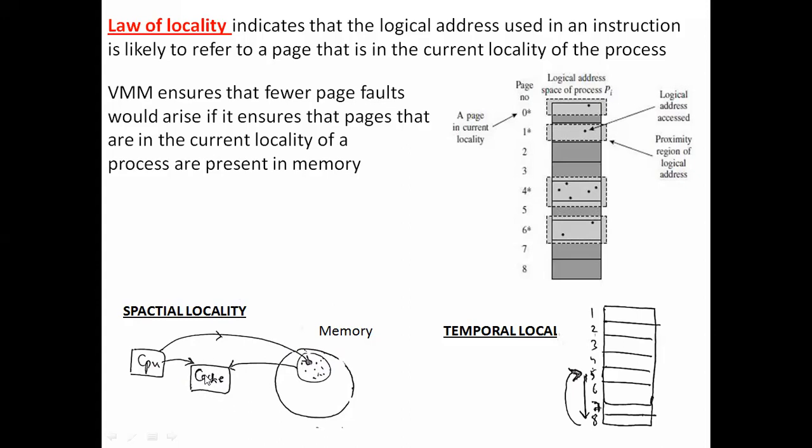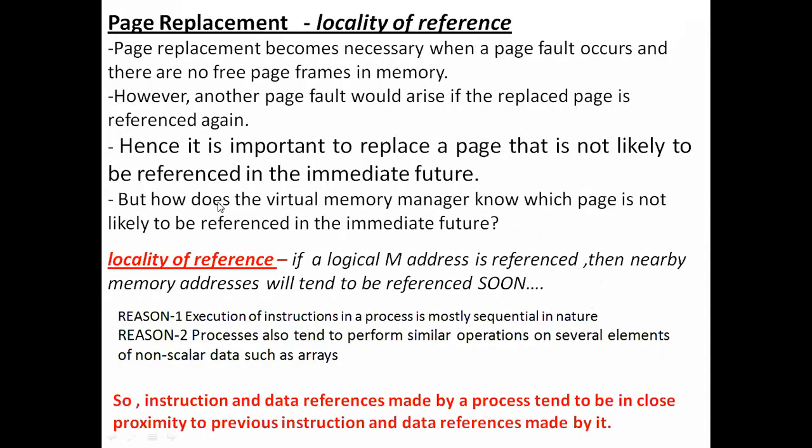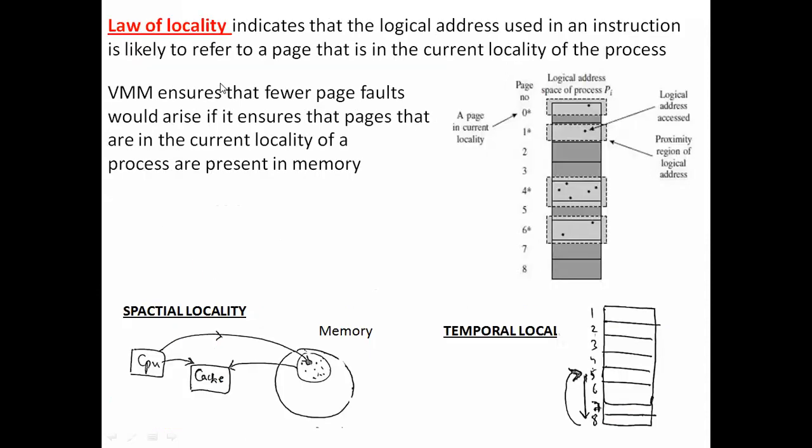Regarding this locality of reference, you can take the help of this particular figure in your book, and also explain the definition for locality of reference, also called the principle of locality or law of locality.